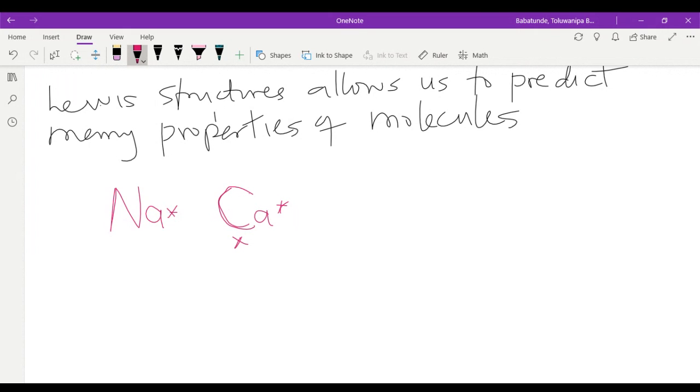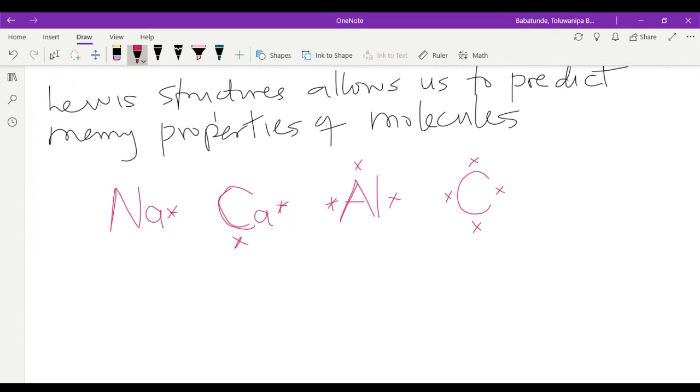The Lewis dot structure for aluminum would be Al, and it has 3 valence electrons. We do 1, 2, and 3. We have carbon. Carbon has 4 valence electrons. We write C, then we place 1, 2, 3, and 4.